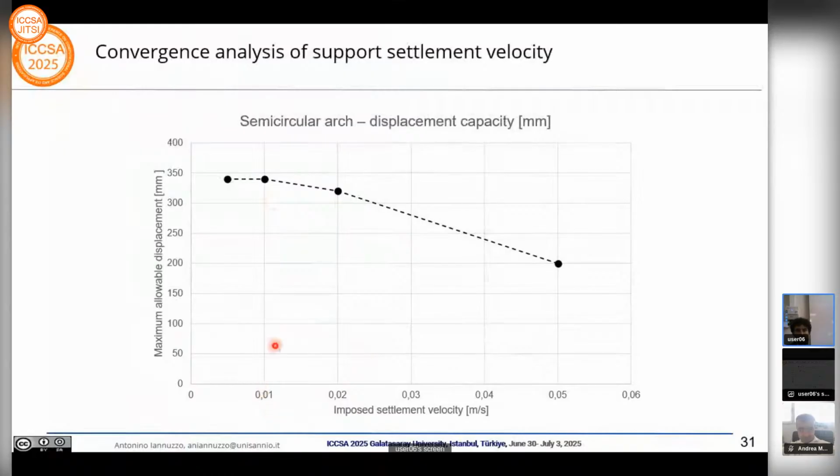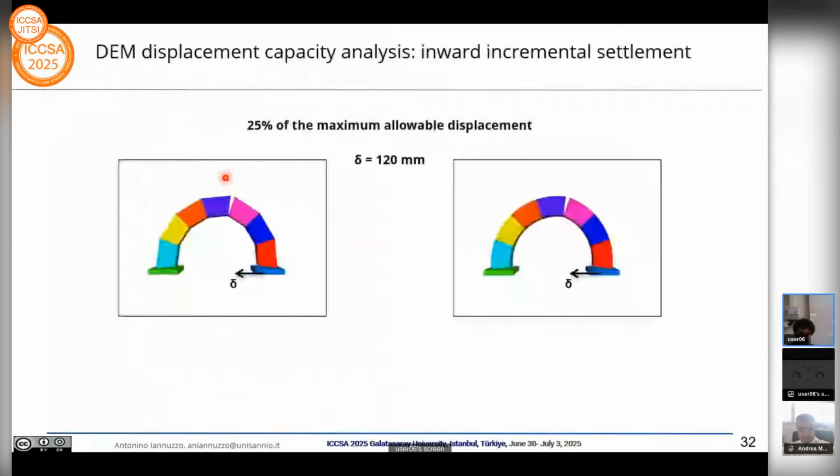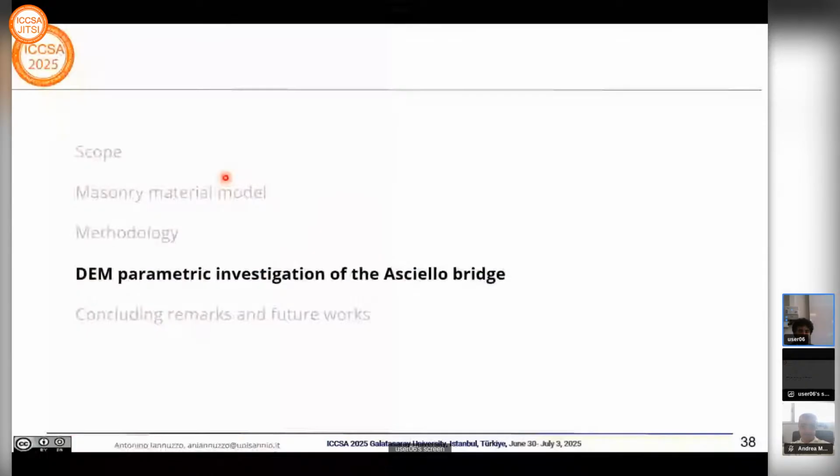In this case the radius was 1 meter, and 1% was the displacement step we need to apply to get something closer. This was also benchmarked, and we did different parametric analyses for this test.